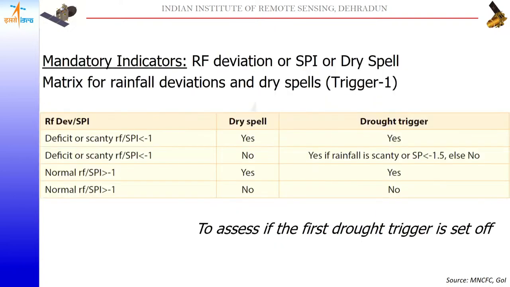How do they do it? Very first, on a continuous basis, in very real time applications, they do the computation of the mandatory drought indicators.